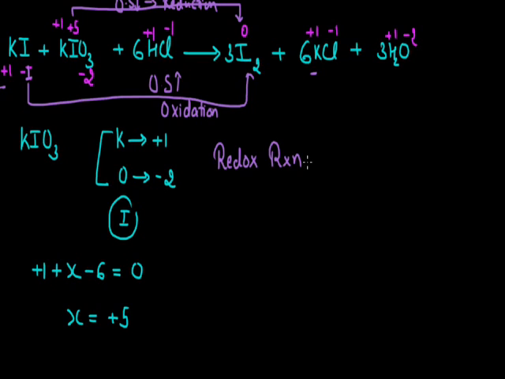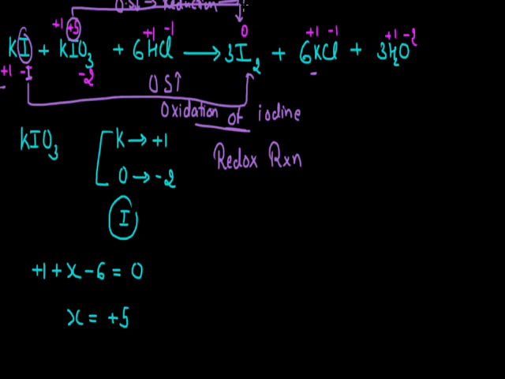And one important thing about this reaction is, if I talk about the oxidation, the oxidation of iodine is undergoing, since its oxidation state changes from -1 to 0. On the other hand, if I talk about the substance whose reduction is going on, here again it is iodine, which changes from +5 to 0 oxidation state.